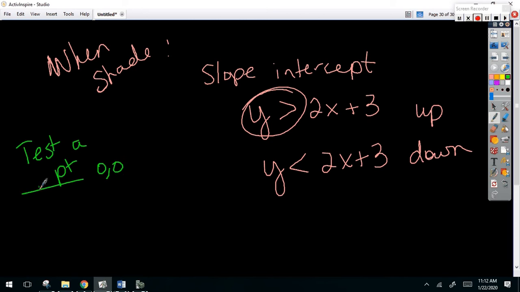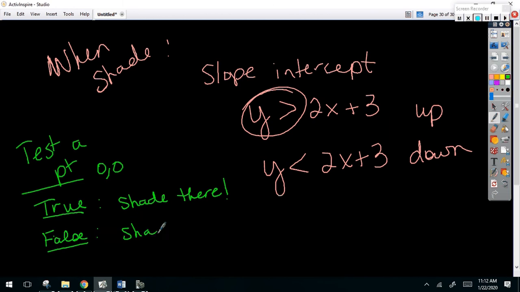If you plug the point in and you get a true value, that's where you shade. If you get a false, and we're going to do an example of all of these, so don't fear, my little friends, shade the opposite side.